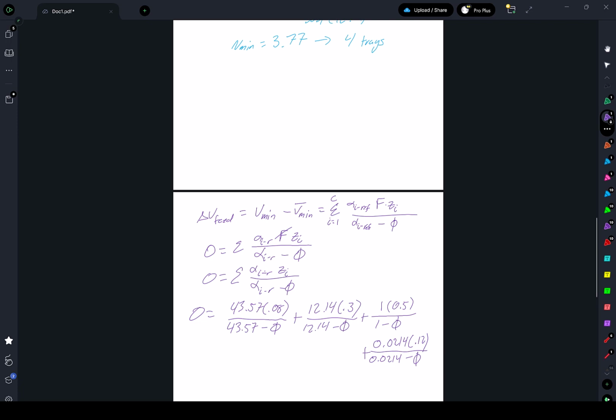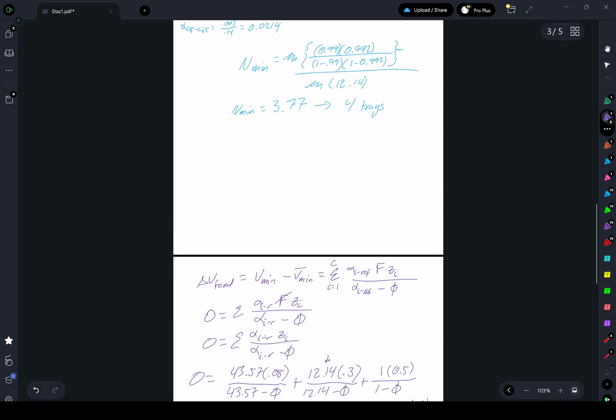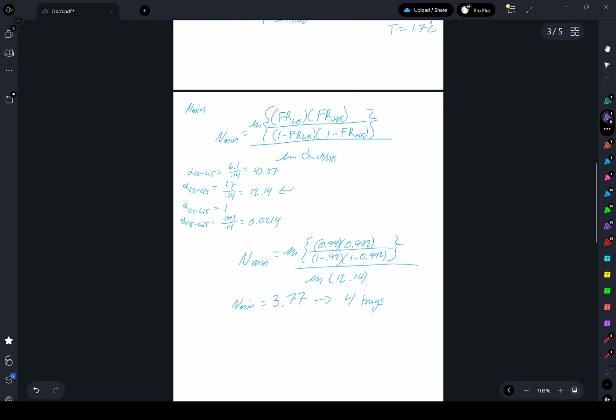Remember, these alpha values right here are just found from what we did earlier. All we're doing is taking our K value and dividing it by our K reference, which in this case was our heavy key. We use our heavy key as a reference because of this portion of the equation for finding the minimum number of trays. You can use any reference you want.